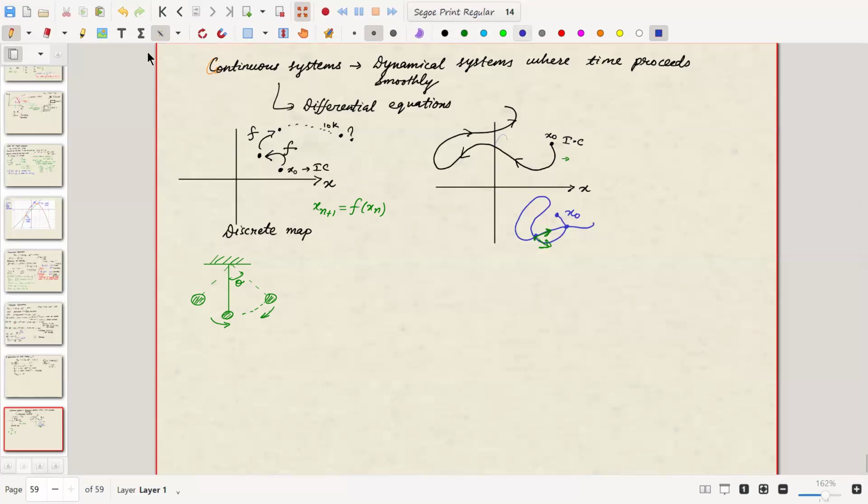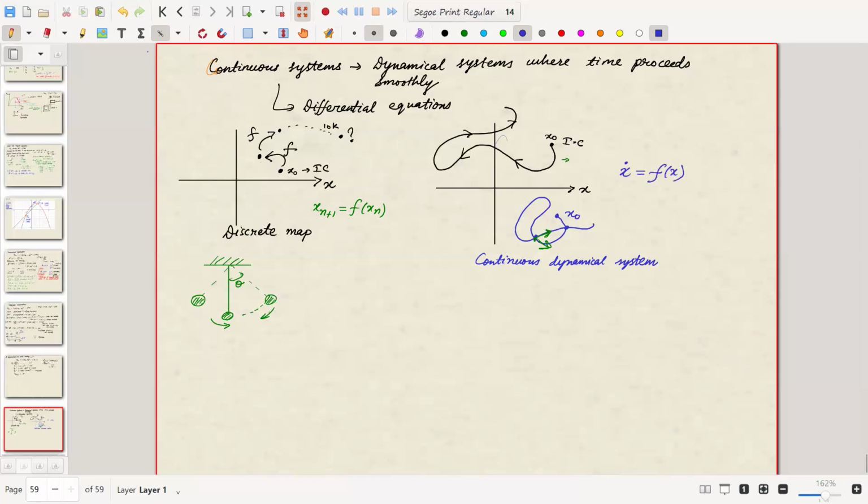So in the continuous case, in the continuous dynamical system, it will be like x dot equals f of x. Okay, so what is x dot? x dot is just a representation for dx by dt, that is the rate of change of x. dx by dt equals f of x.